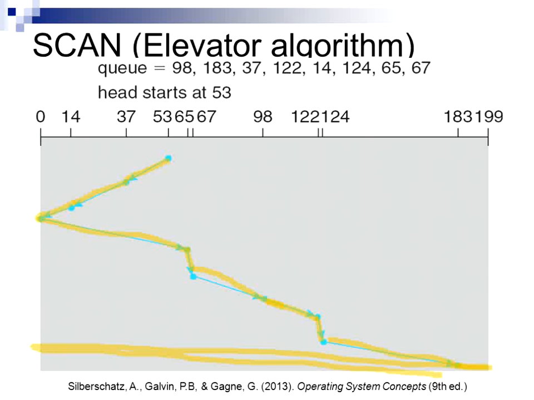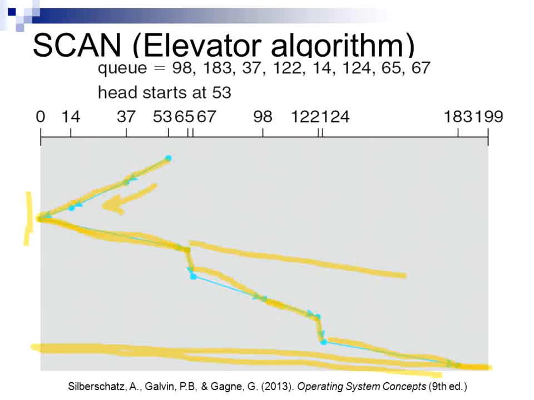If we go back to the SCAN, where we were going back and forth, when it hits the end of the disk, the end of the platter, there was actually a pretty long way that it had to go before it would get to another cylinder to read, because we already read all the cylinders going in this direction, so we need to kind of start again, a little past where we started from before, and start reading in the other direction.